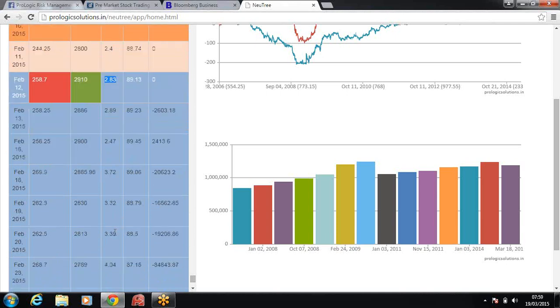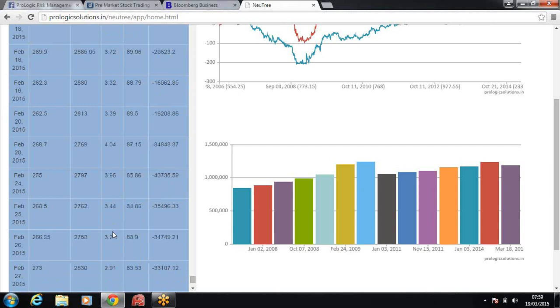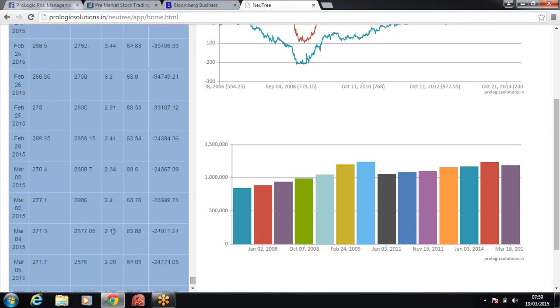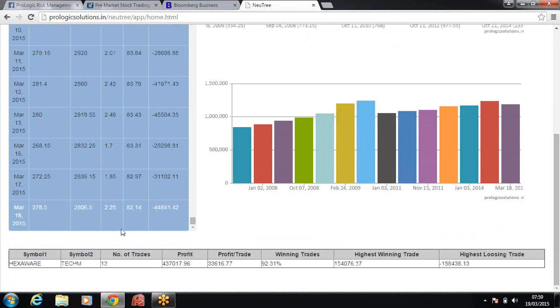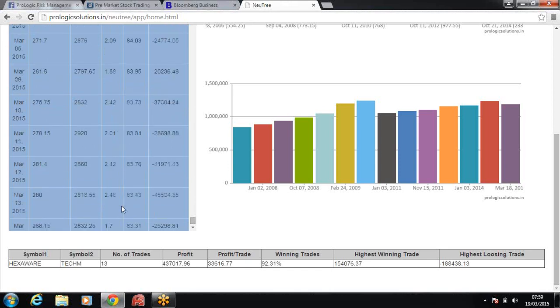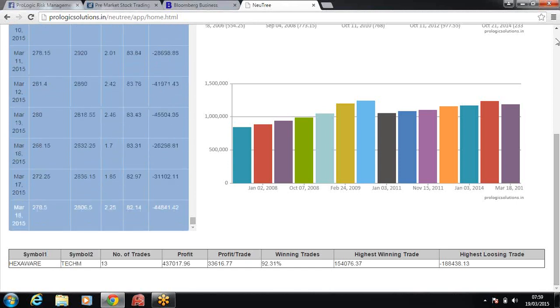Now let's just see, the Z-score has actually increased after the trade progressed. So the winning trades are 93% here. That's not a worry at all. So we'll just have to wait for some more time till this 0.25 becomes 1. So we'll wait on this particular Hexaware and Tech Mahindra trade.